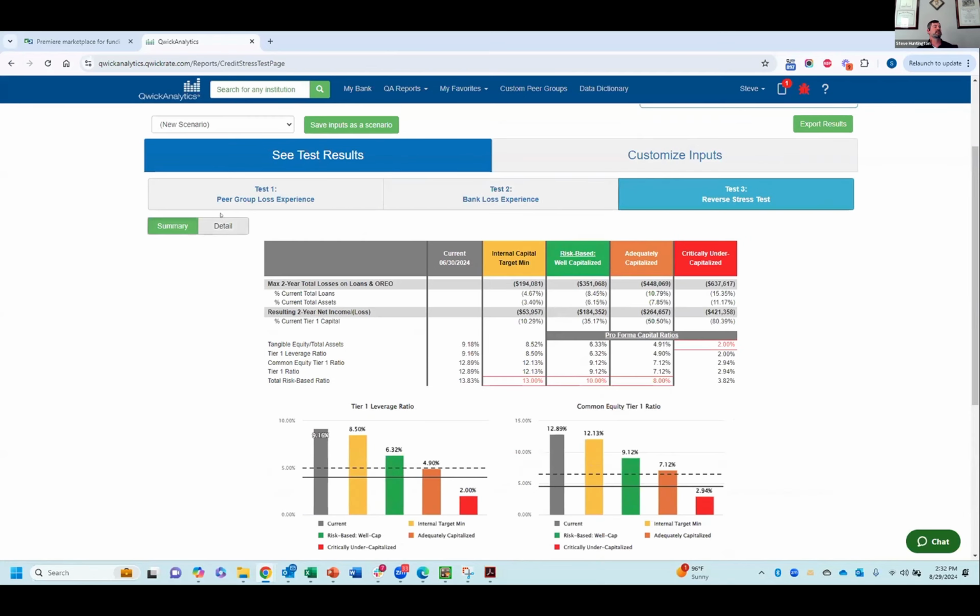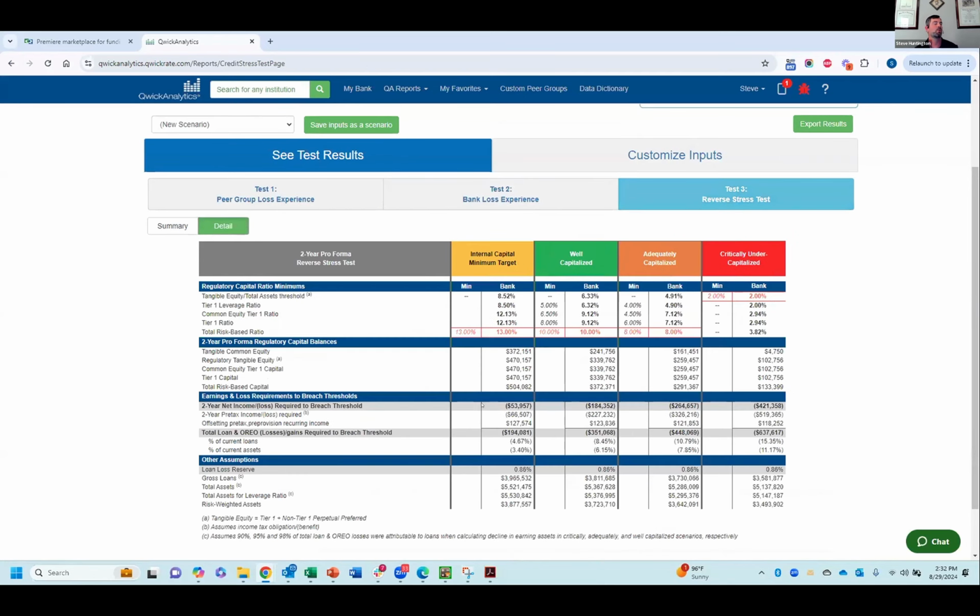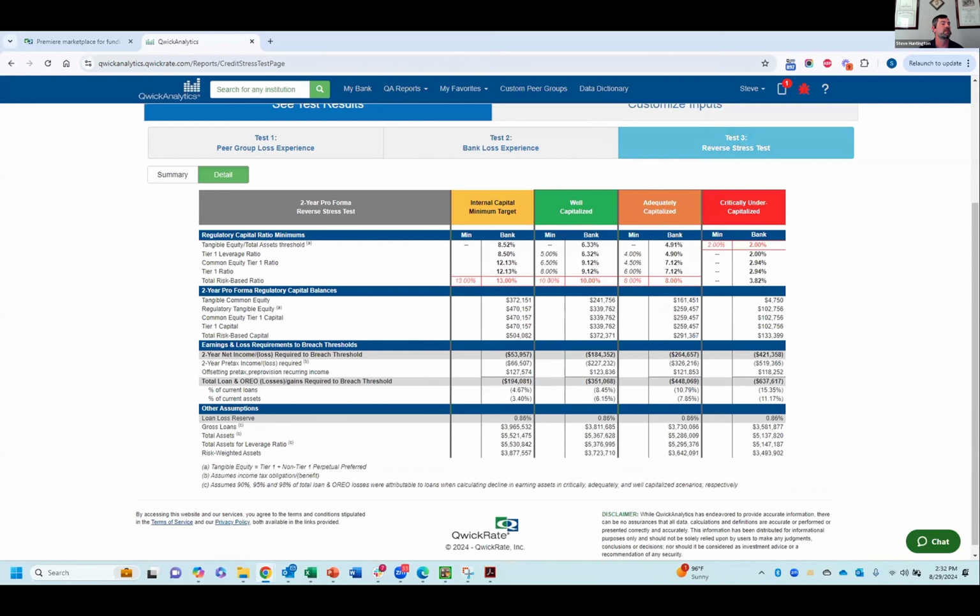And then the reverse stress test, if you remember, this is where we're working backwards, right? We start at the minimum to be well capitalized. The fun thing about that is that there's 4 minimums to be well capitalized if you're not a CBLR institution, right? There's a 5% leverage, 6.5% CET1, 8% tier 1, and 10% total. You have to meet all 4 of them simultaneously to be well capitalized. So we work backwards.